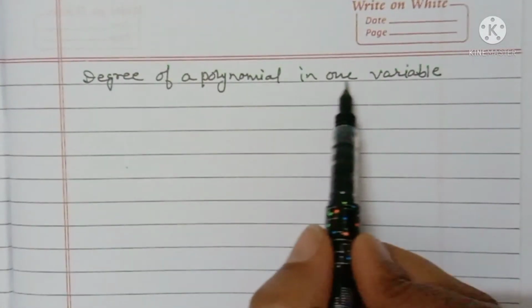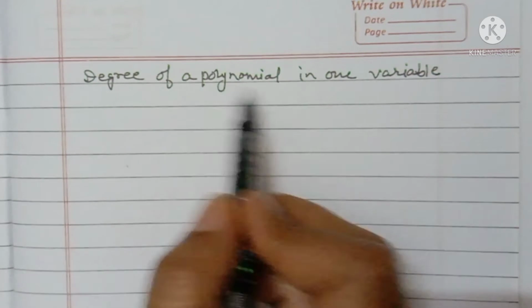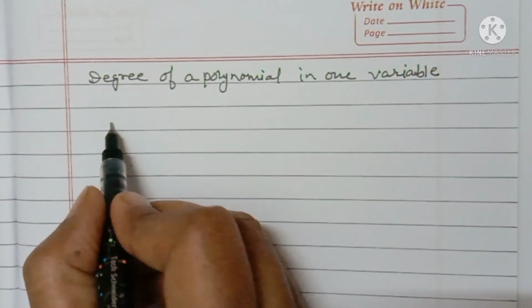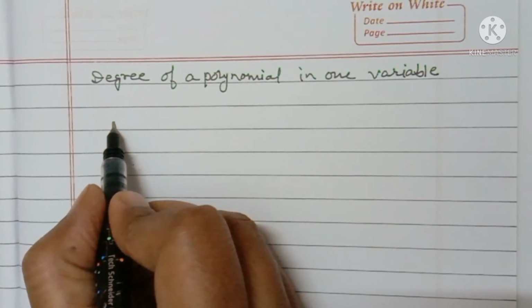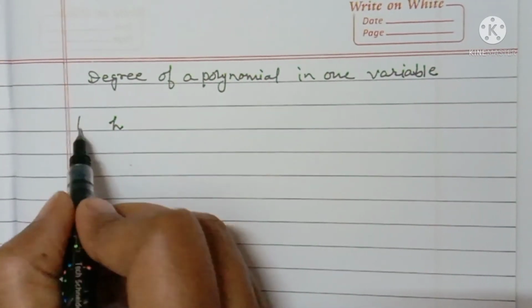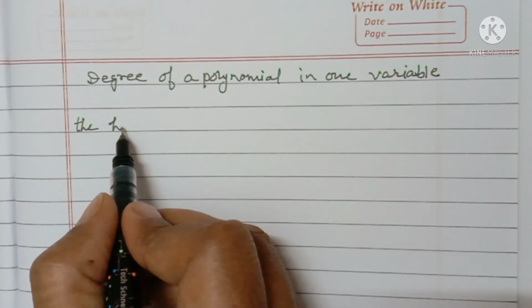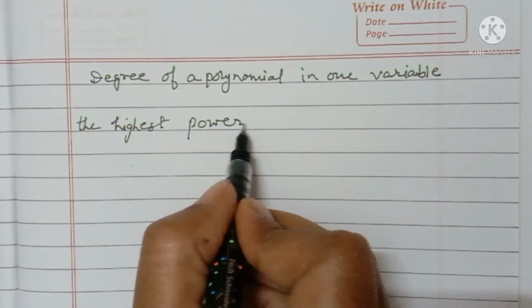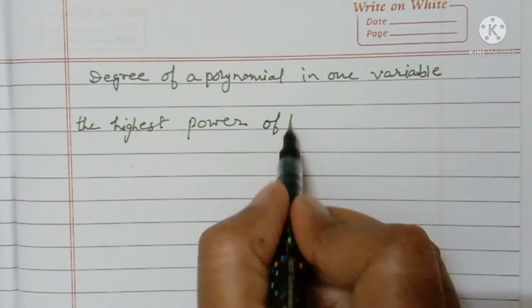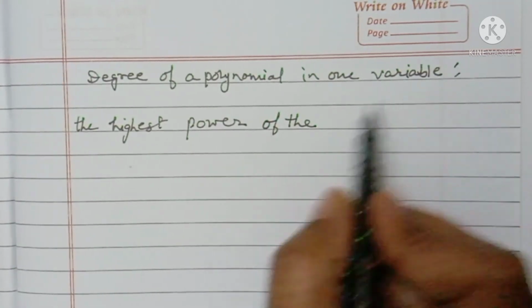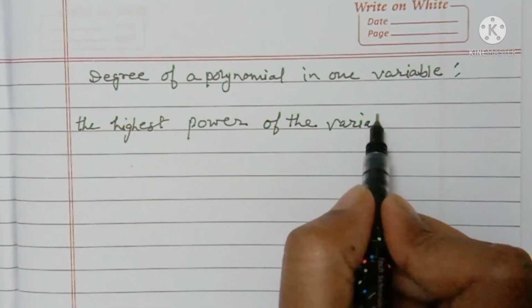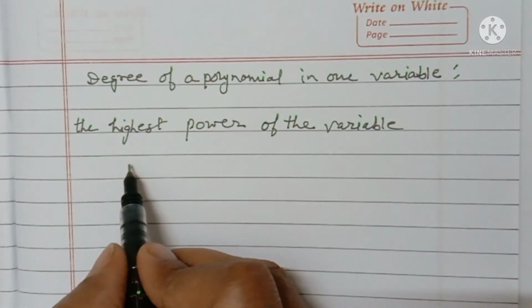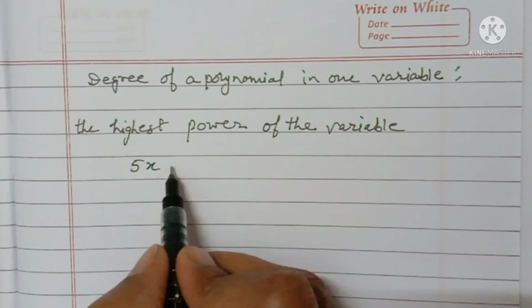Now, degree of a polynomial in one variable. What we have concluded is that it is the highest power of the variable. Take some examples. Suppose 5x minus 3.